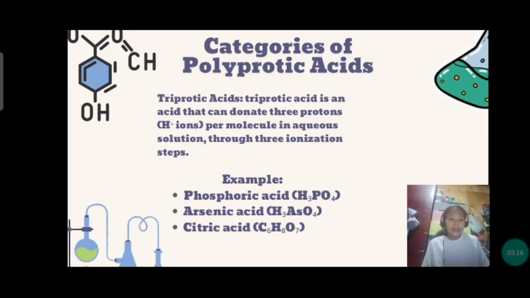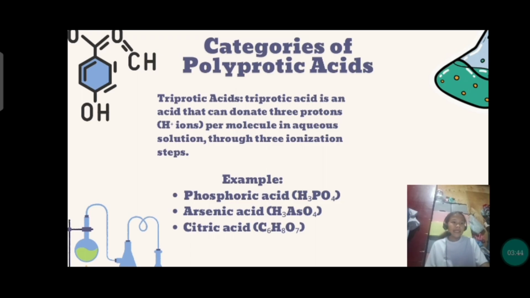A triprotic acid is an acid that can donate 3 protons per molecule in an aqueous solution through 3 ionization steps. Ionization happens in 3 steps. The first step, the H+ ion is released easily. The second one takes a bit more energy.